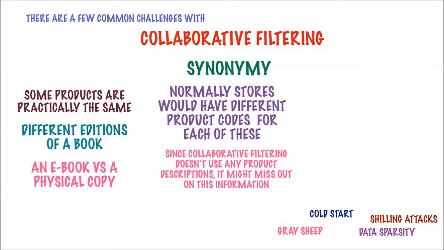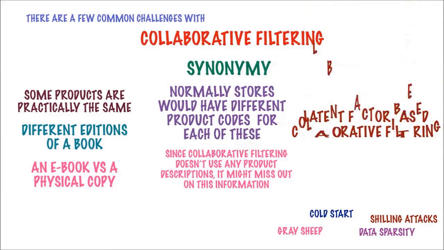Now, if you just had some data for users, items, and ratings, which doesn't give you any product descriptions, you would lose out on this information. Lose out on saying that one user's rating for edition 1 of a product is the same as another user's rating for edition 2 of the same product.